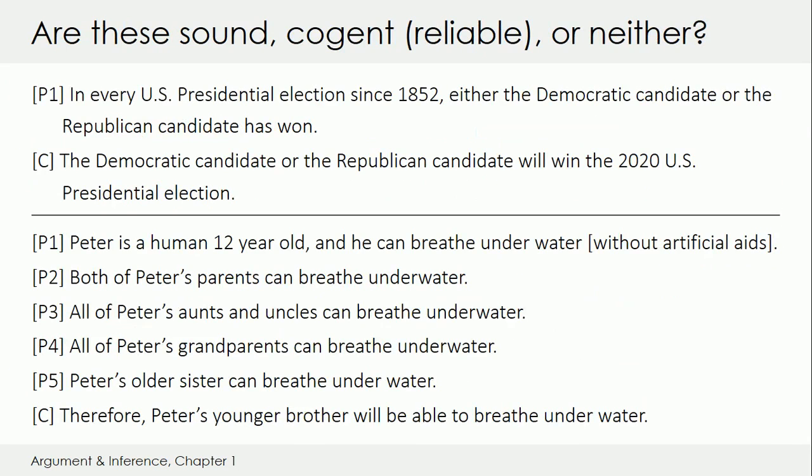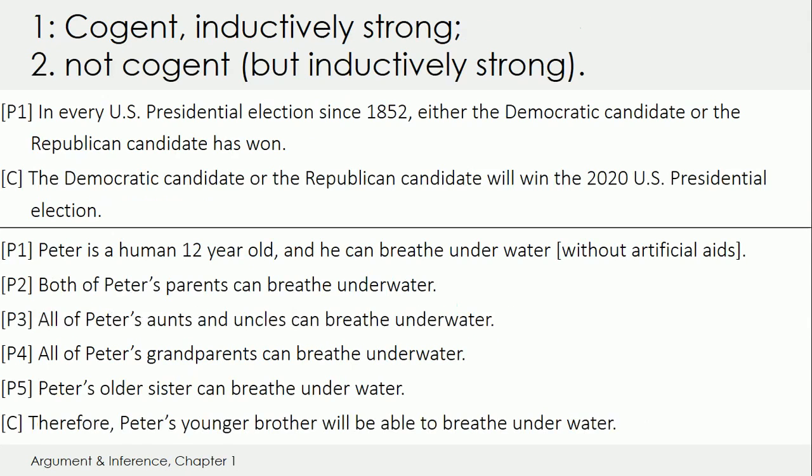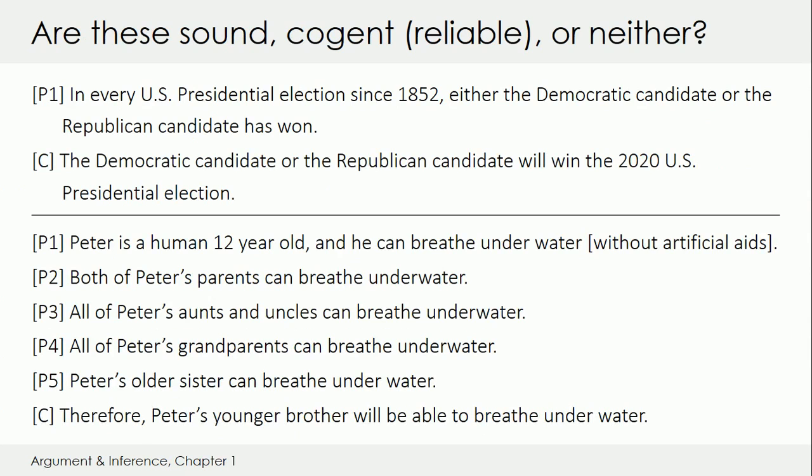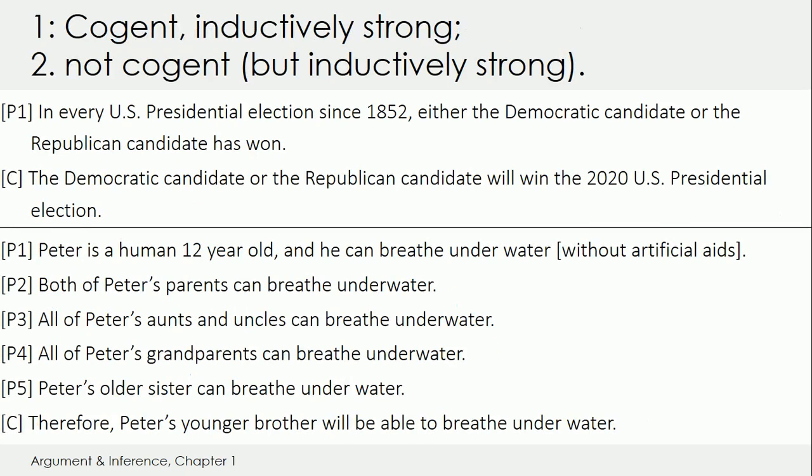All right. So, let's go back to these. Let's just look at them. Premise 1: Ever since the U.S. presidential election of 1852, either the Democratic candidate or the Republican candidate has won. Conclusion: the Democratic candidate or the Republican candidate will win the 2020 U.S. presidential election.